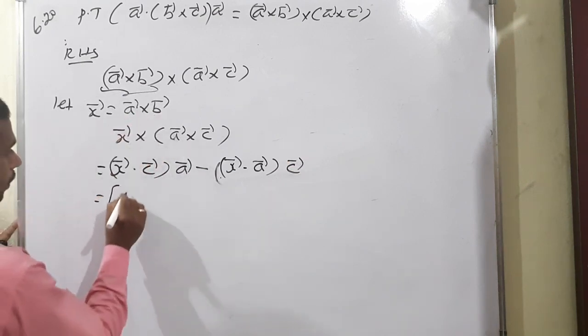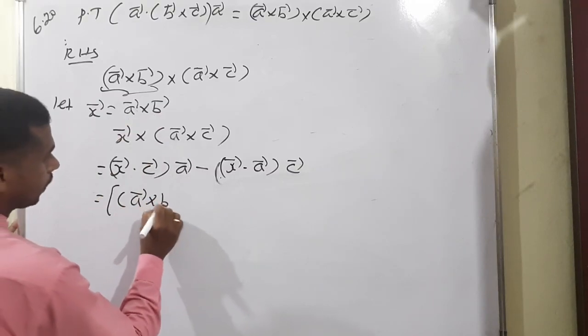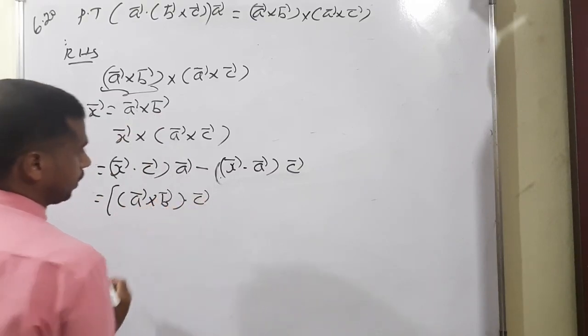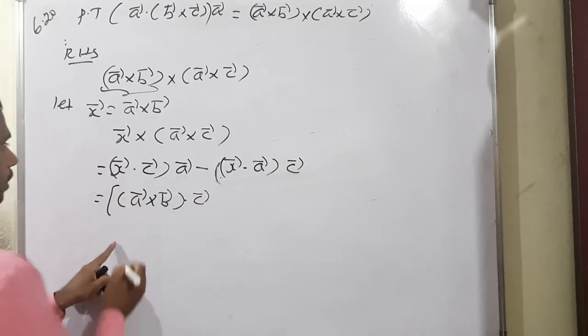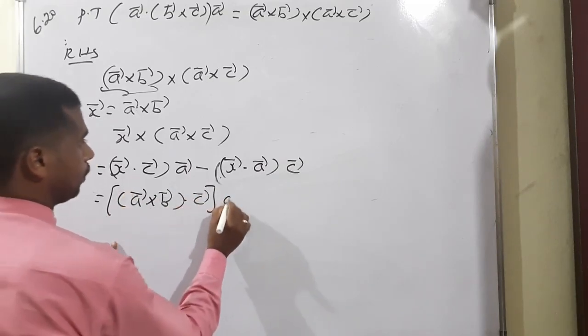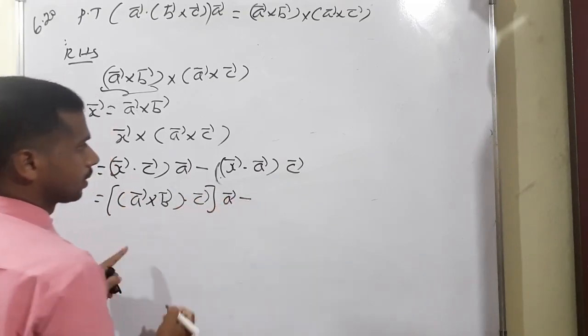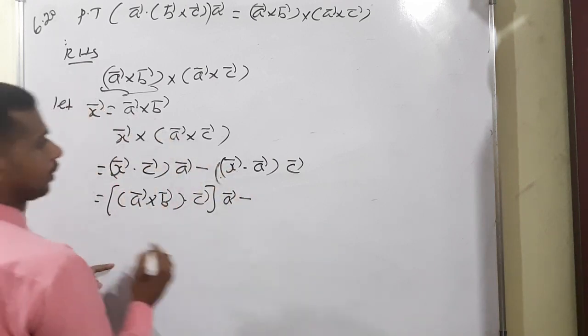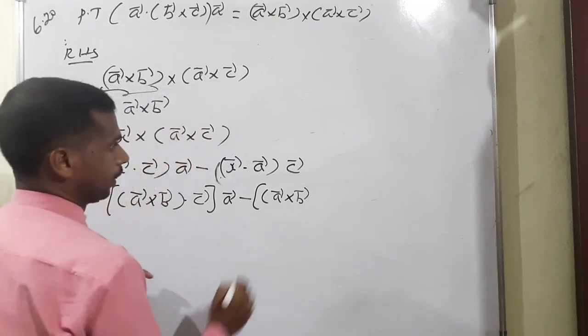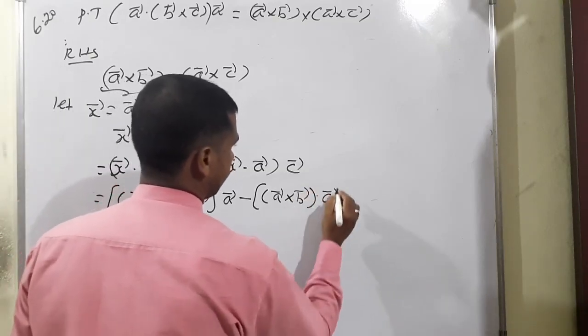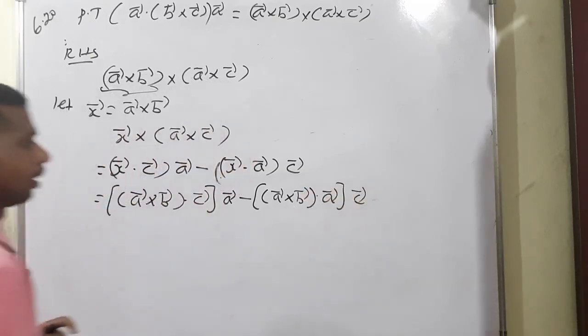Therefore we can write (A vector cross B vector) dot C vector, into A vector, then minus again, x vector means A vector cross B vector, so (A vector cross B vector) dot A vector, into C vector.